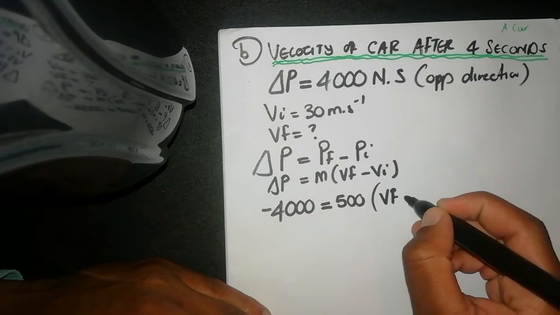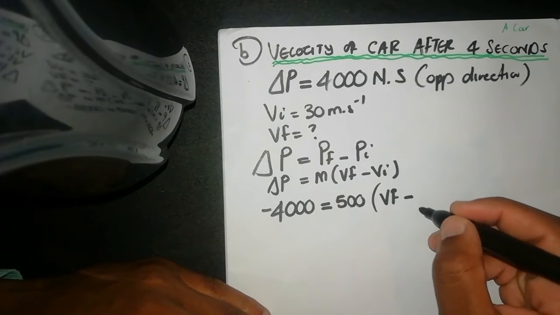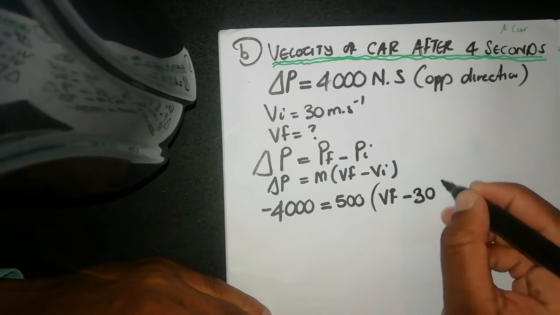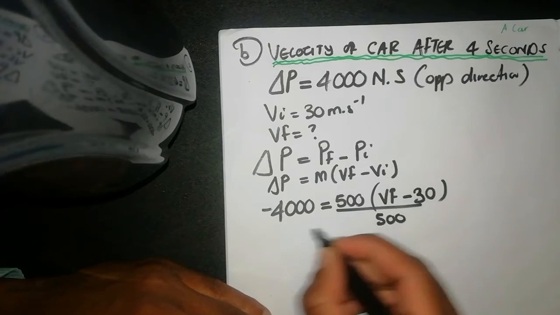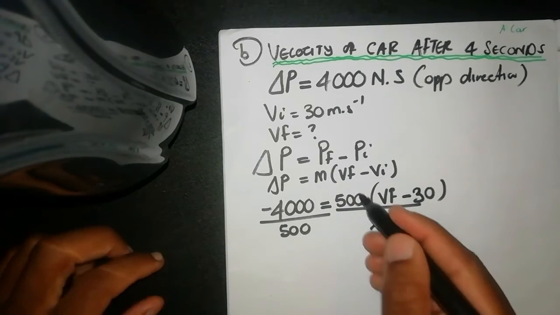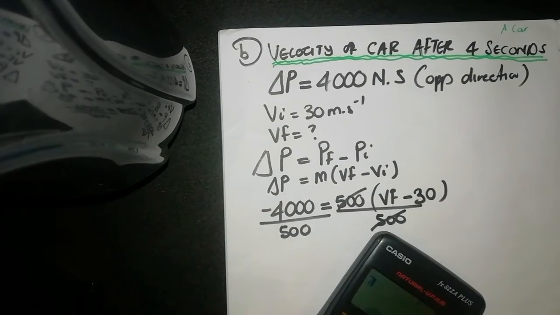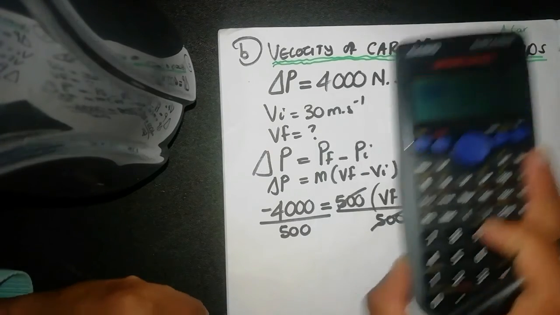So it's going to be vf minus the initial velocity, which was 30 in the original direction. So you divide by 500 here, and then you divide by 500 in this case also. So this 500 will cancel out, and you would have negative 4,000 divided by 500, and you get negative 8.